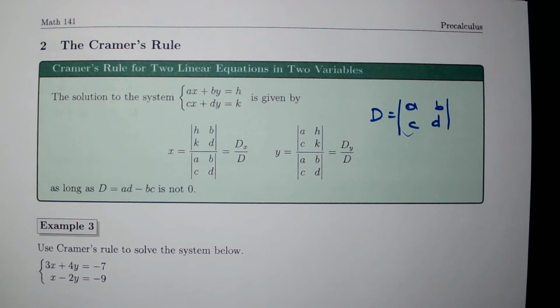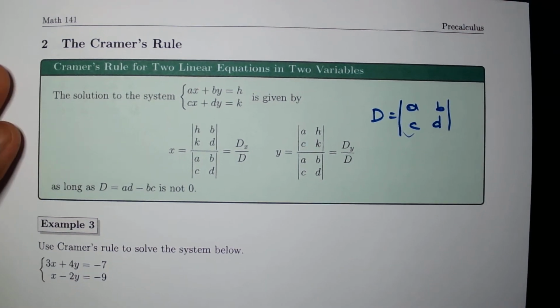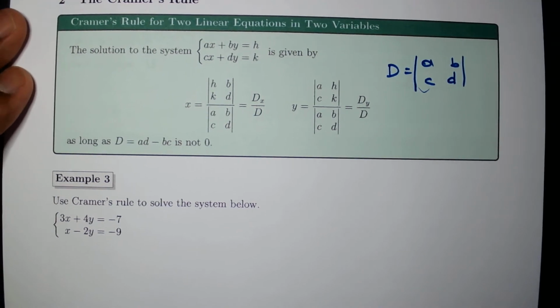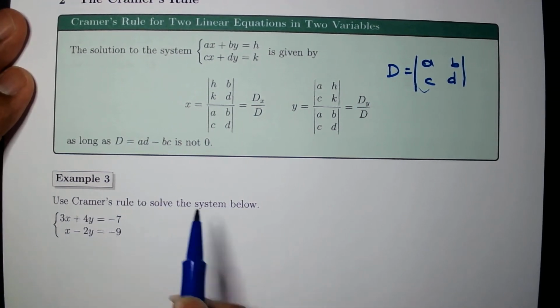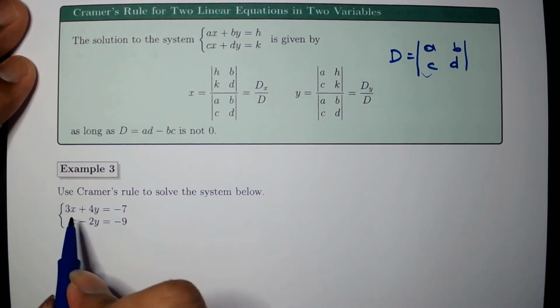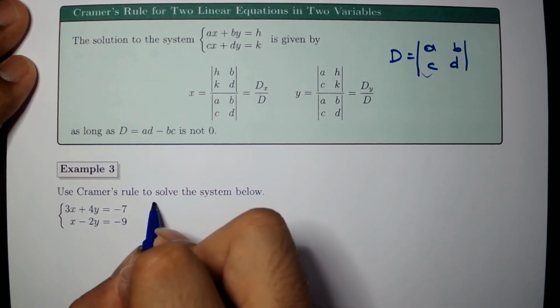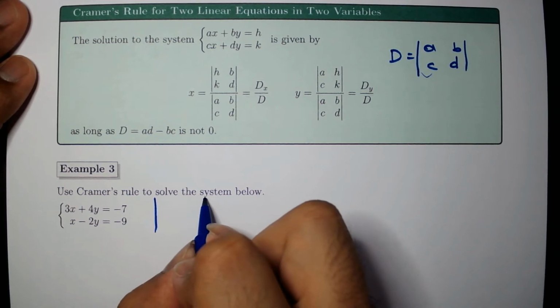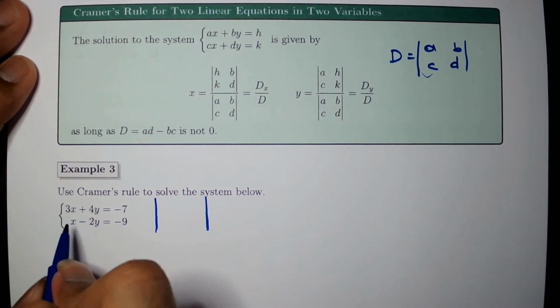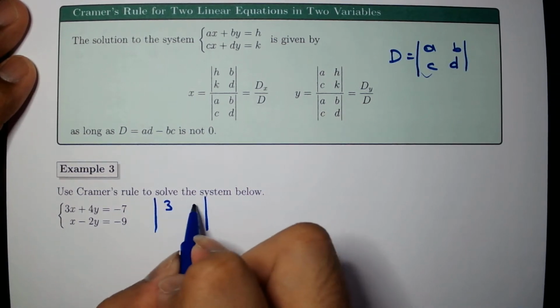Let's actually solve a system of equations just to show you how this works. Number one, let's use Cramer's rule to solve the system of equations below. We need to find the determinant of the coefficient matrix, which is formed by 3, 4, 1, negative 2.